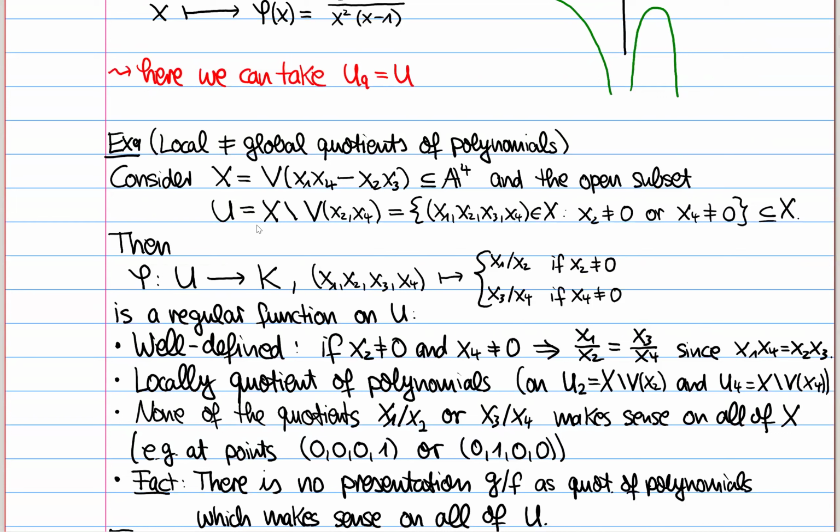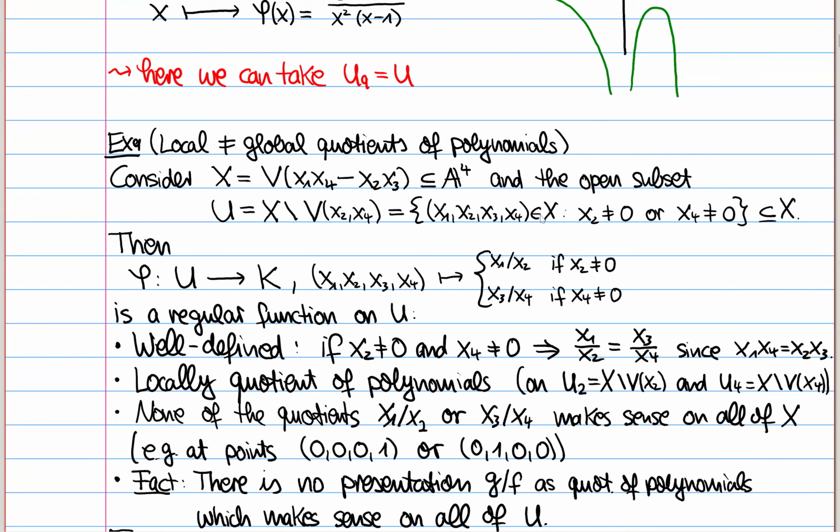And if we remove it, we get an open subset by the definition of the Zariski topology. Just writing it out, this is the set of all such 4-tuples such that either x2 is non-zero, or x4 is non-zero. And then we define a function from U to K, which sends this tuple to some number, and we make a case distinction.